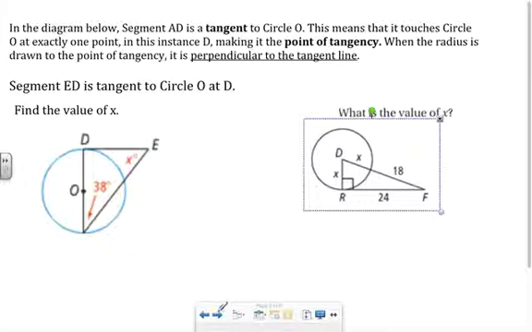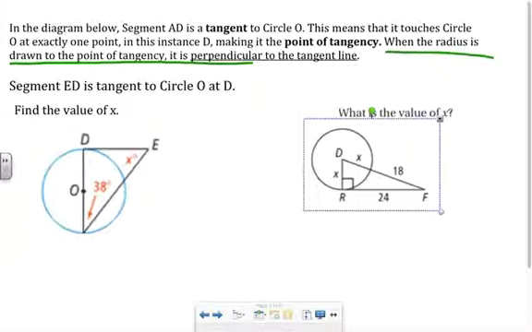A tangent line to a circle is a line that touches the circle at exactly one point. One of the properties of a tangent is that when you draw a radius to the point of tangency, it's going to be perpendicular to that tangent line. So one of the nice things about tangent lines is very frequently you end up with right triangles. Maybe you end up with some Pythagorean theorem.